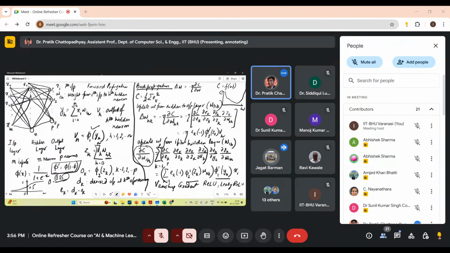But for a certain choice of W, we have initialized these weights randomly. For a certain choice of W, we are estimating the value of C as half of EK squared. Let's say here we have this weight, and for that we are estimating this value of C. We do not know the shape of C, but we are estimating the value of the cost function at this point, and what can be the gradient at that point. So that gradient we are computing here. So that's why it is called stochastic gradient descent. It is not the exact gradient descent, but we are estimating.